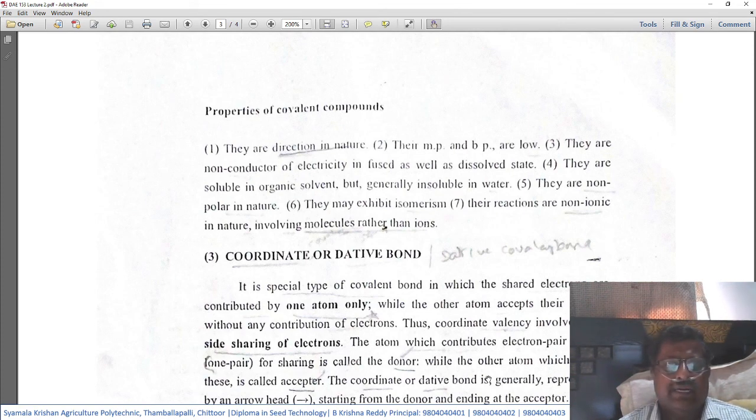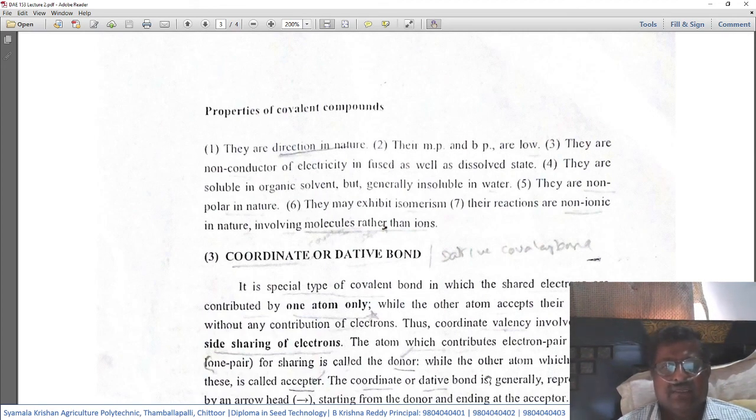They are non-conductors of electricity in fused or dissolved state. They are soluble in organic solvents, but generally insoluble in water. They are non-polar in nature. They may exhibit isomerism. Their reactions are non-ionic in nature and involve molecules rather than ions.